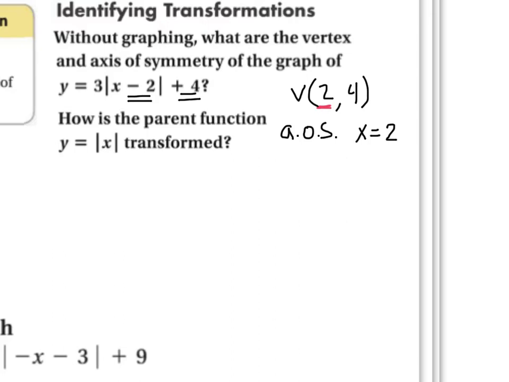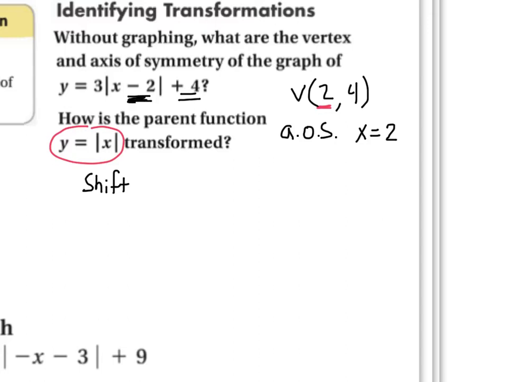Well, now they want us to decide how this parent function is transformed. How do they change the parent function? Well, the parent function has a shift. Since our vertex is at (2, 4), where are we shifting our graph?